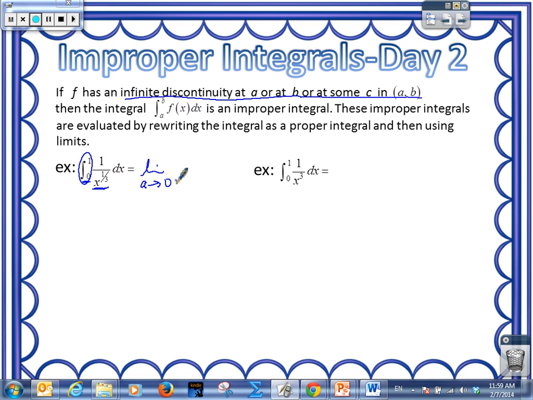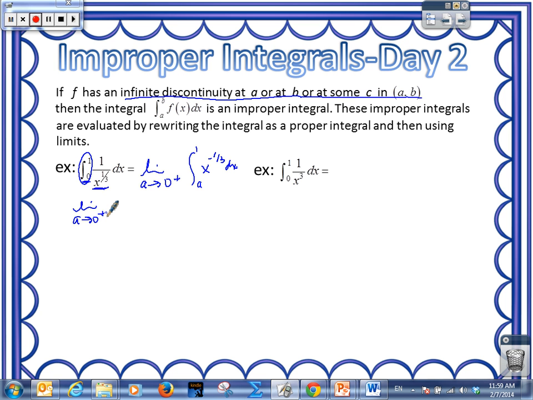So we're going to do the limit as a goes to 0 from the right of the integral of a to 1, and I'm going to write it in negative exponents, so x to the negative 1/3 dx. Okay, that's our rewrite.